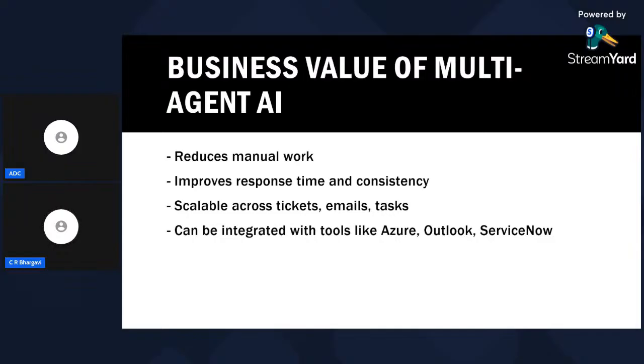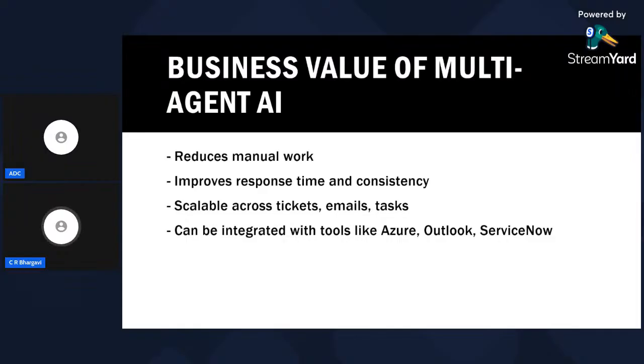And what are the business values of using agentic AI? When you have multi-agent, then it improves your response time and gives you consistency. Say in case one agent is helping you in planning the task, and then it would also go to the flight ticket and check, or else compare it with the customer whether it matches the goal or not.